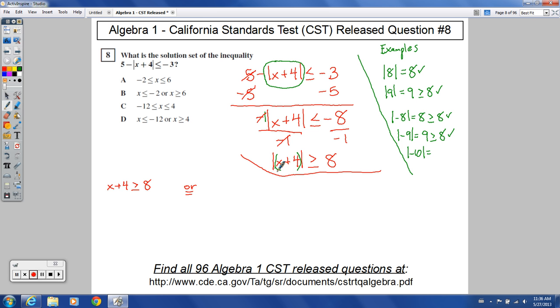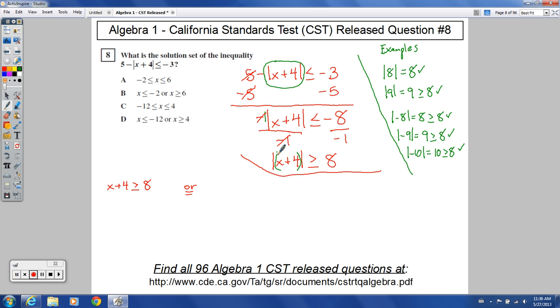If x plus 4 is negative 8 or lower, after I take the absolute value it becomes positive 8 or greater. As I get more and more negative, it becomes even greater than 8.